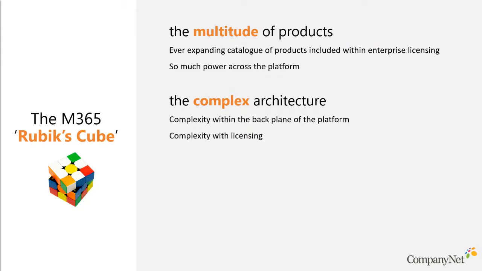Obviously, complexity with licensing, there's so many different elements to think about. So there's so many different types of licensing to think about. So understanding how your licenses currently work, and then how accessible or affordable some of the additional services are as well. So it's really complex. Every different area of M365 tends to have its own licensing guide as well.